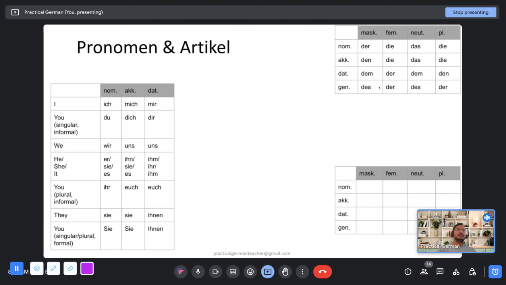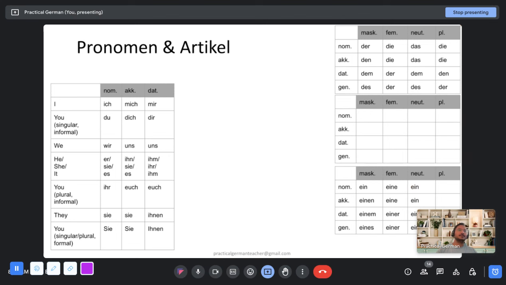So can you give me the indefinite articles as well? Ein, eine, ein, no, nothing. Very good. And einen, eine, ein, einem, einer, einem. Perfect. So please give me the Negationsartikel as well.